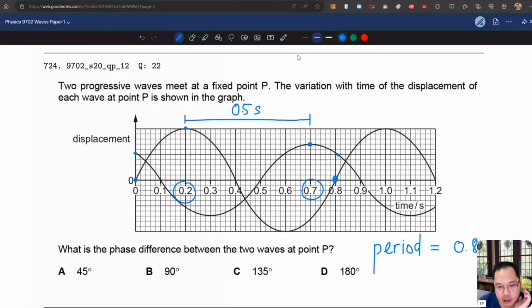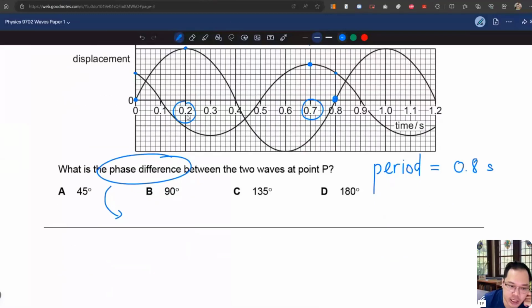Yeah, 0.8 approximately. And therefore, the phase difference is calculated by taking the ratio between the time difference, 0.5 seconds, the time delay between the two waves, and dividing by the period, 0.8.